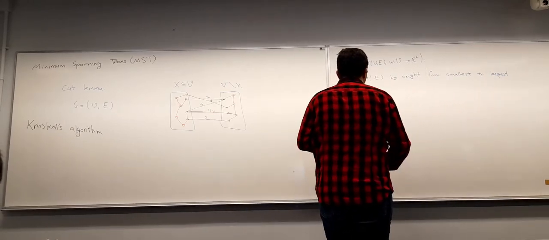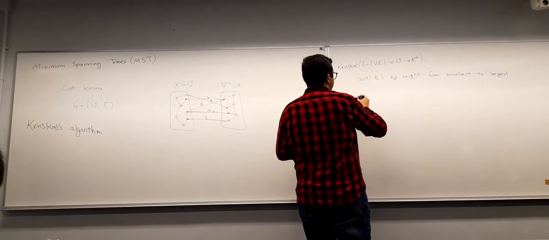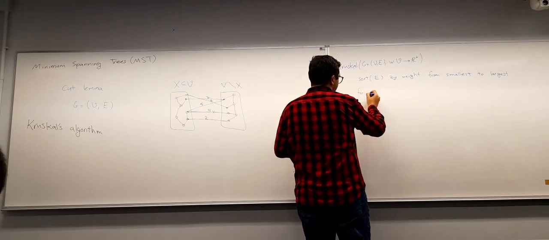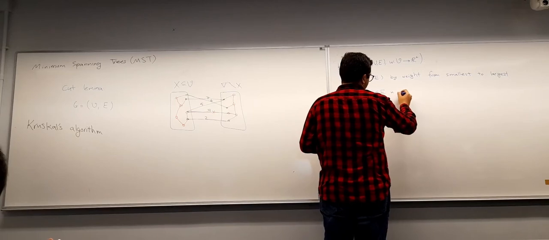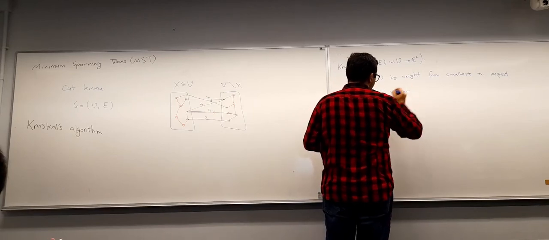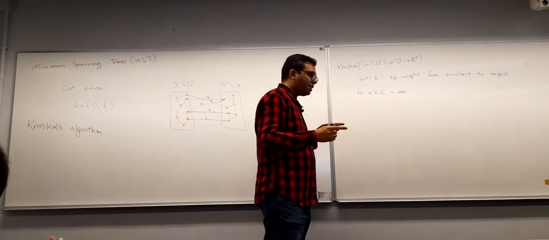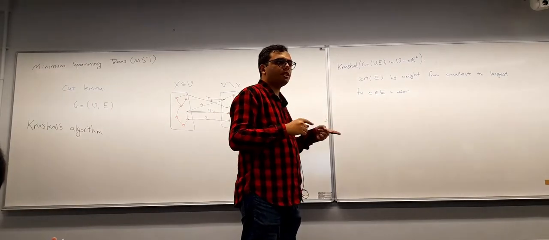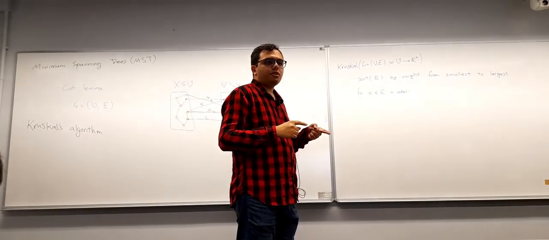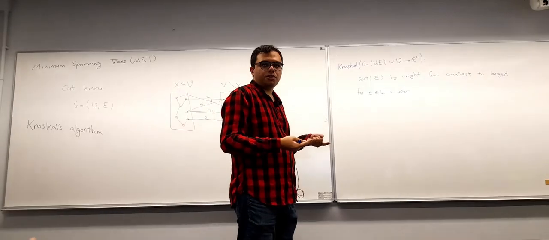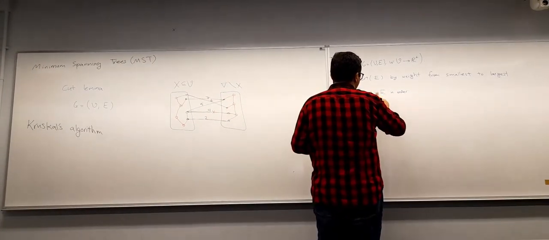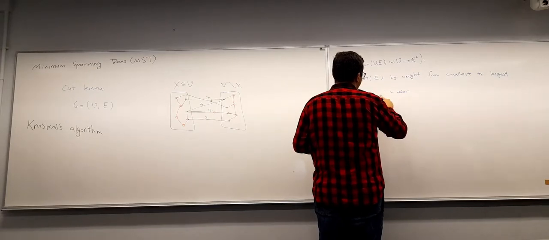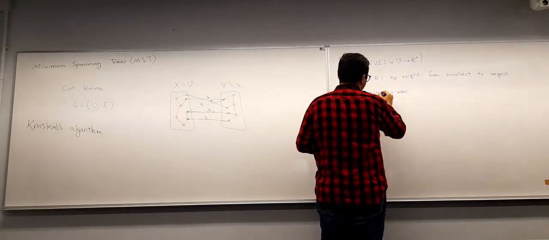And then I'm just going to go over this sorted list in order. So for every e in E, in the order that we have sorted them, we just check if the two sides are in the same connected component. And we're going to use a disjoint set data structure to do that. Let's say this edge e was from vertex u to vertex v.